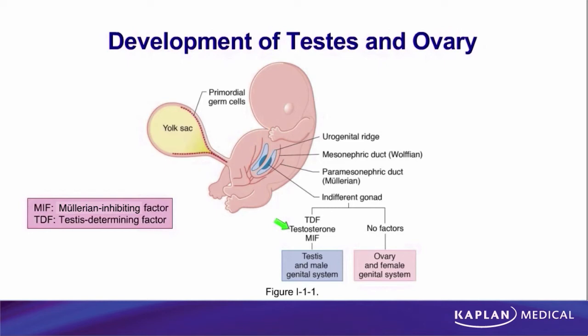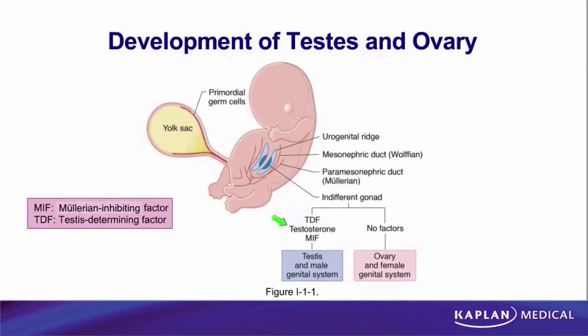So the ductus deferens, the prostate, the seminal vesicles, the penis, the scrotum, and so on and so forth, all of those components of the male genital system develop as a result of the presence of high levels of testosterone coming from the testis, of course, being caused by the presence of TDF.